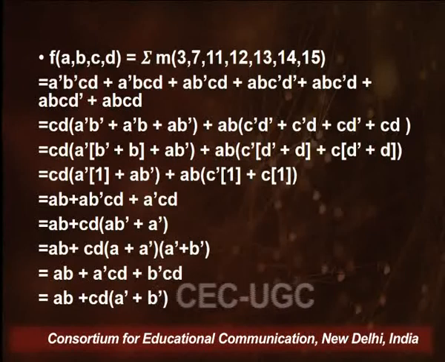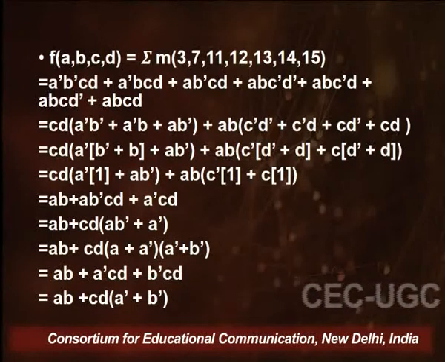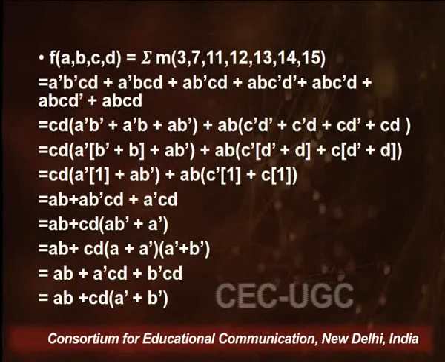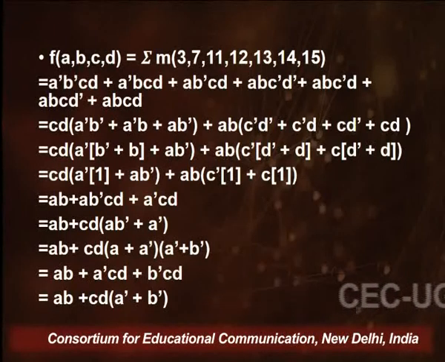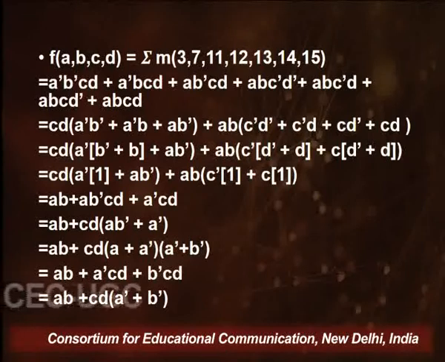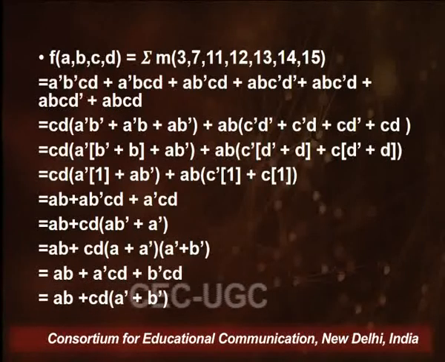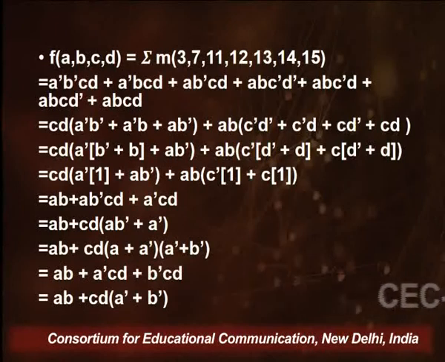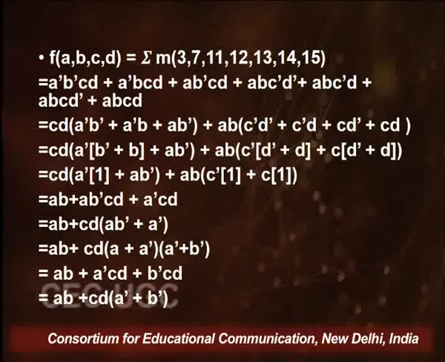So, we have AB + CD common, AB' + A'. AB' + A' can also be converted and represented as A + A' and A' + B'. Opening up all the brackets in the second last statement, we have AB + A' CD + B' CD. The last statement we see, we have taken out a CD common. So, the simplified version is AB + CD with a common of A' + B'.